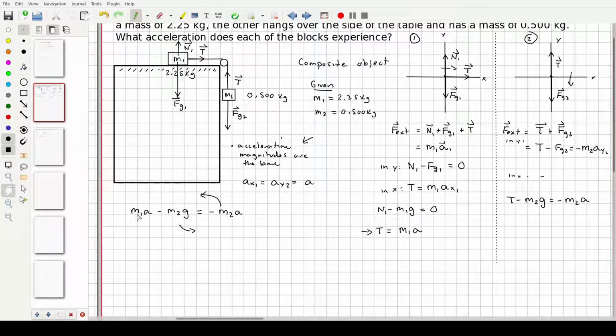I'm going to group the masses together and pull the acceleration out. And what I end up with is M1 plus M2 times A is equal to M2 times G.